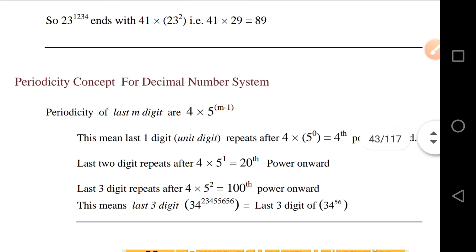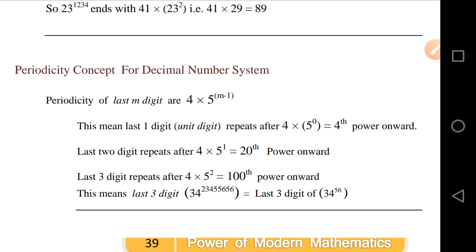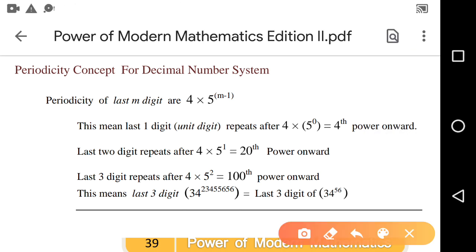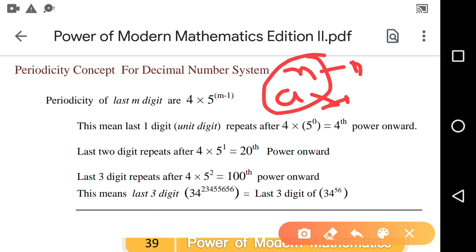But in general, friends, regarding the periodicity of the last m digits of a raised to n, where n is a natural number and a is also a natural number, if we would like to calculate the periodicity of the last m digits, then it is nothing but 4 into 5 raised to m minus 1.